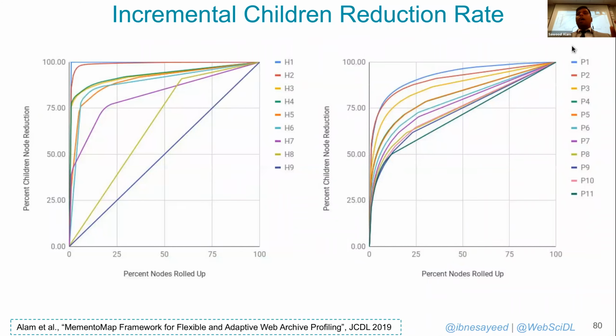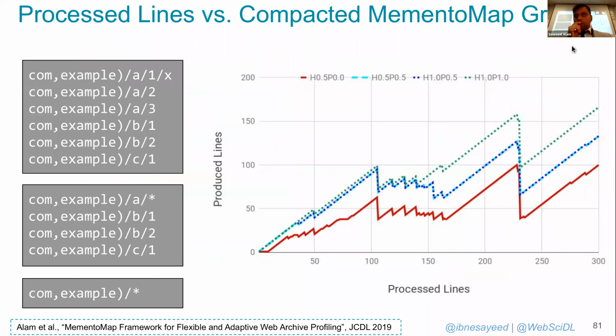And this is how it happens. On both host and path segments, when we start pruning from the bottom, this is how the overall number of children or keys reduces in size as we go from one level to the other. We introduced a MementoMap generation and compaction algorithm, which is a linear, single-pass, memory-efficient mechanism to generate MementoMaps.